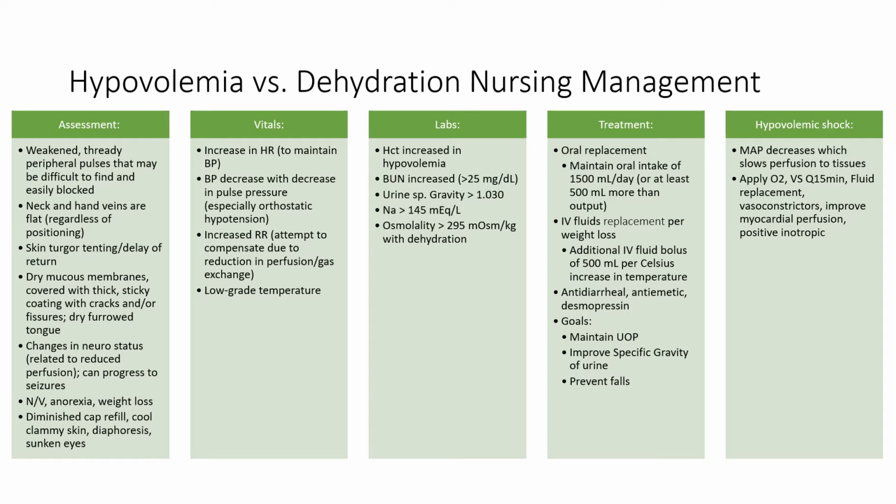Lab-wise, hematocrit is going to be increased in cases of hypovolemia, but not necessarily in dehydration. So there is a difference there. Whereas with osmolality, you're going to have an increase of greater than 295 milliosmoles per kilo with dehydration, but not with hypovolemia. In both cases, a BUN is going to be increased.